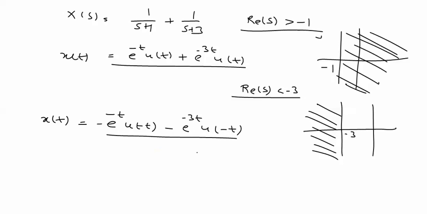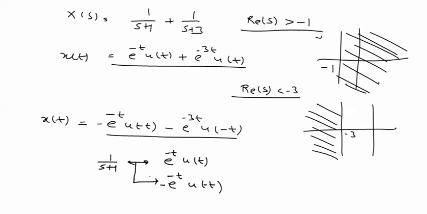Why is it so? We have this function. The inverse of this is e power minus t u(t), and the same function also has an inverse with a minus sign.